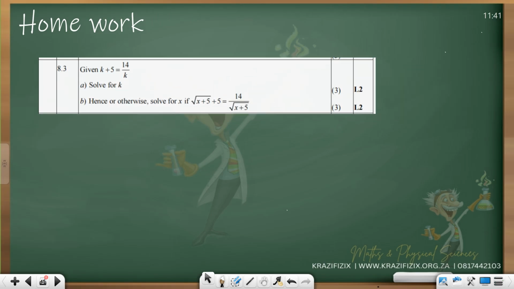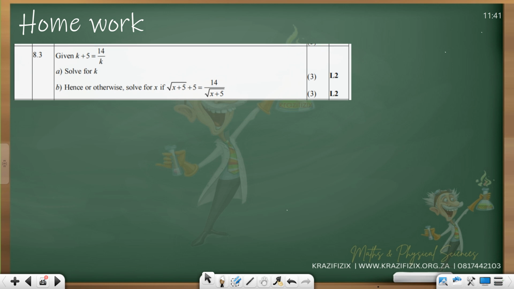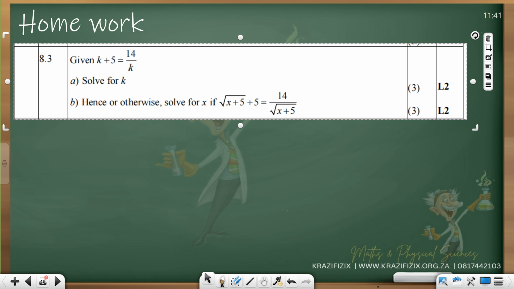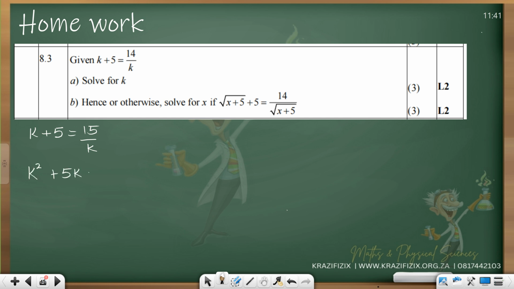Next one is a 6 marks question. So for K, okay, K plus 5. What I will do is I'll multiply across by K. K times K, K squared. 5 times K, 5K. 15 over K times K. You see?